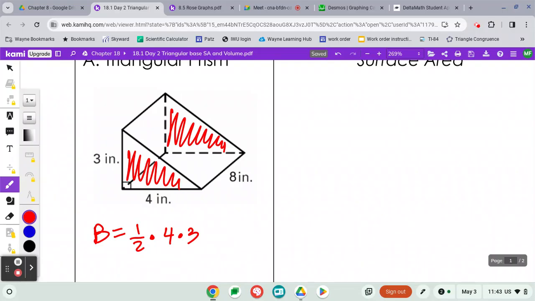So I put those. What's half of 4? Times 3? 6. And what's our label for area? To the second or squared? Yep, good. Okay. Now, let's make sure we understand. 3 is the height of my base. What is the height of my prism?